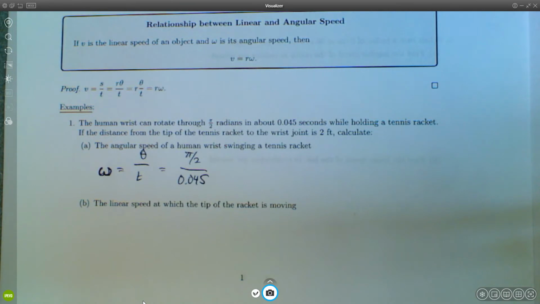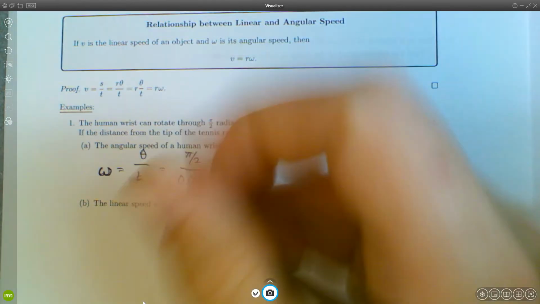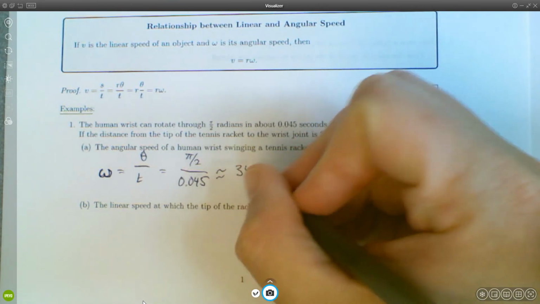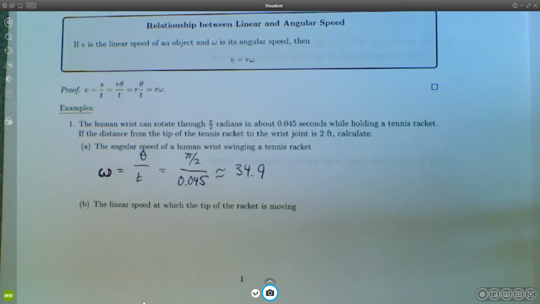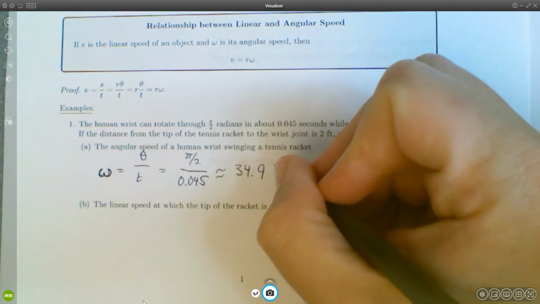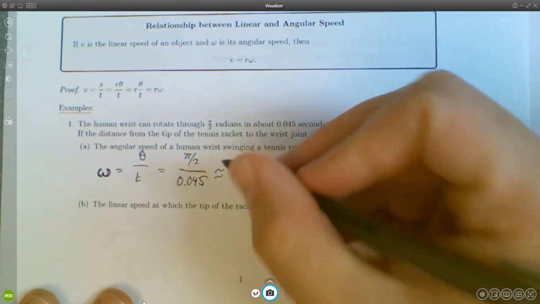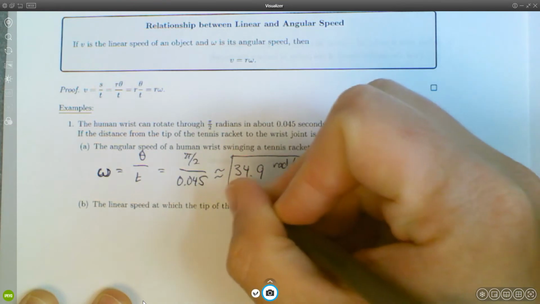Pi over 2 divided by 0.045. So that's about 34.9 radians per second. Okay, so that's it for part A, right? That's the angular speed, 34.9 radians per second.